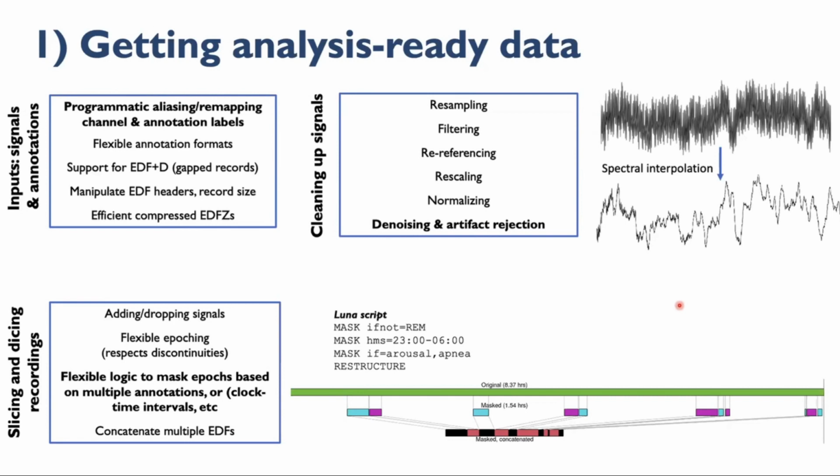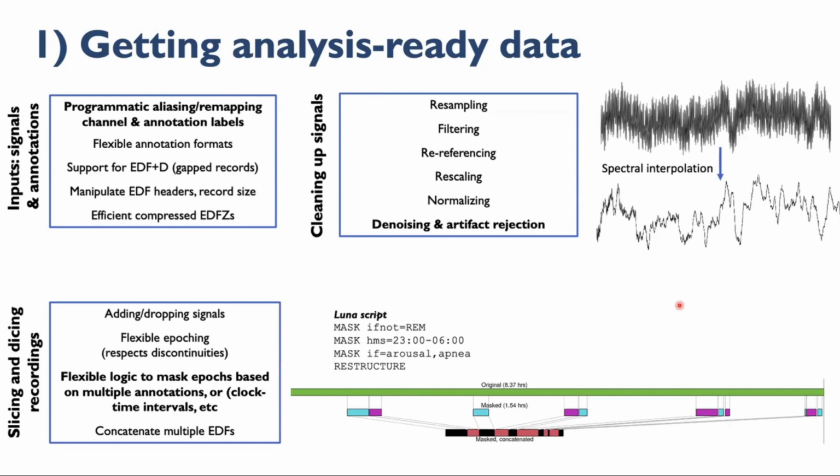For example, NSRR data often have multiple labels for the same signal or annotation, or signals with different units, reference schemes, and so on. And Luna provides some programmatic ways to alias and remap these terms efficiently.